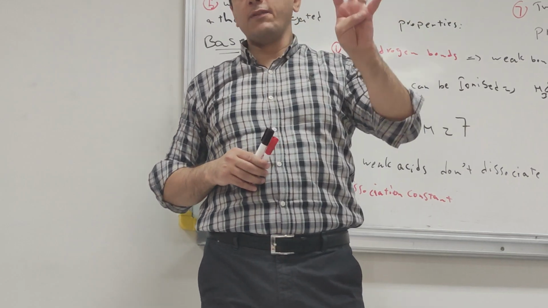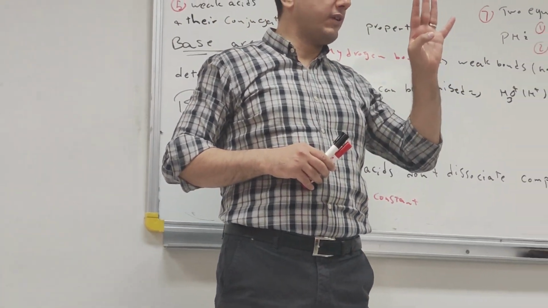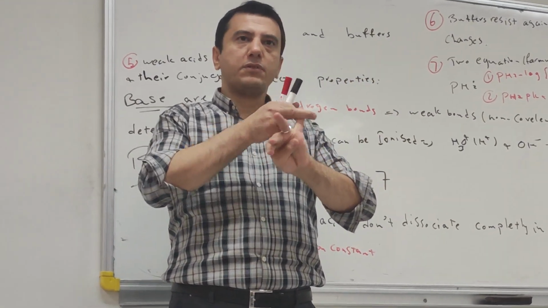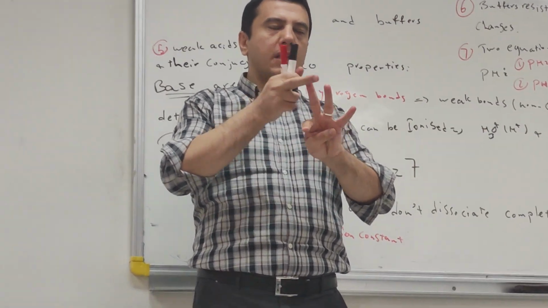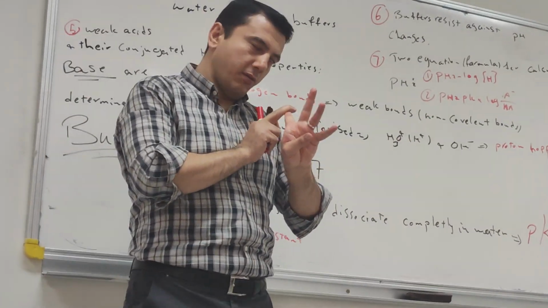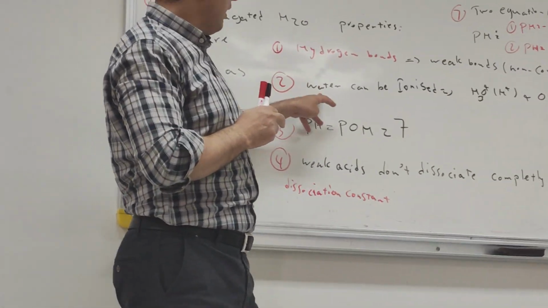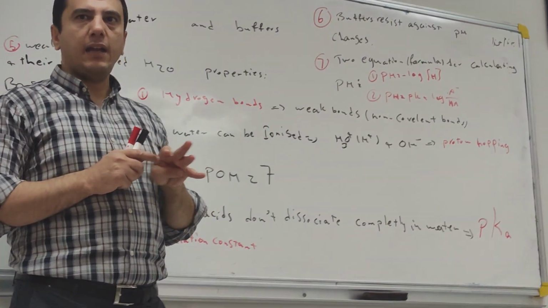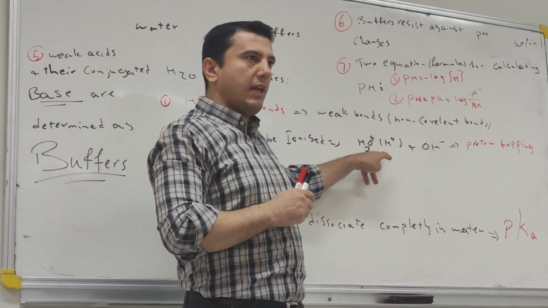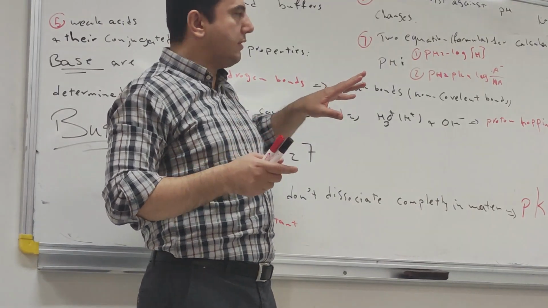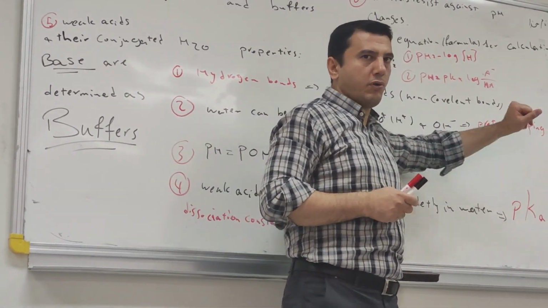We have four types of non-covalent interaction or bond: hydrogen bond, ionic bond, hydrophobic interaction, and van der Waals interaction. Water can be ionized. It means it can produce H positive and H negative using a process we name proton hopping.